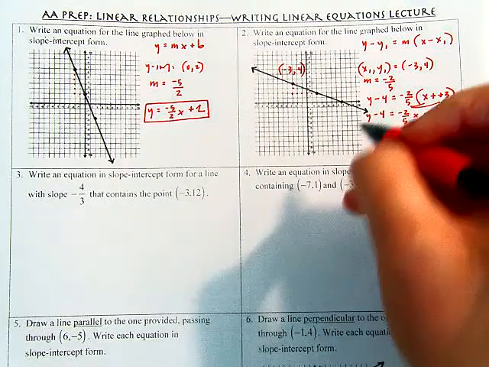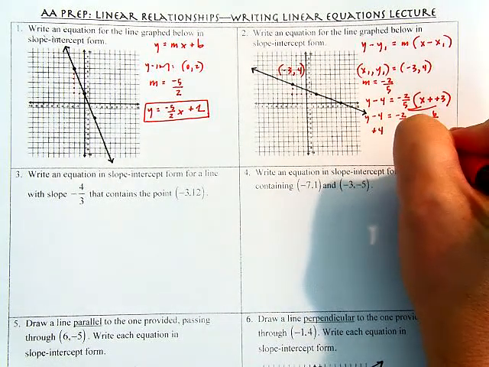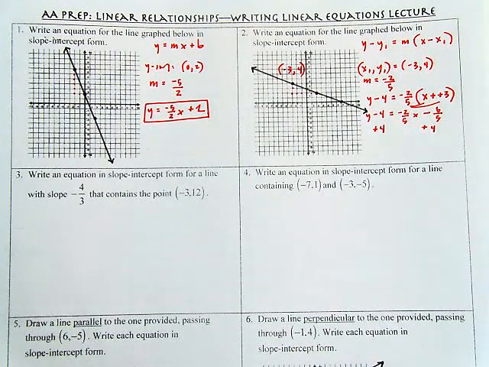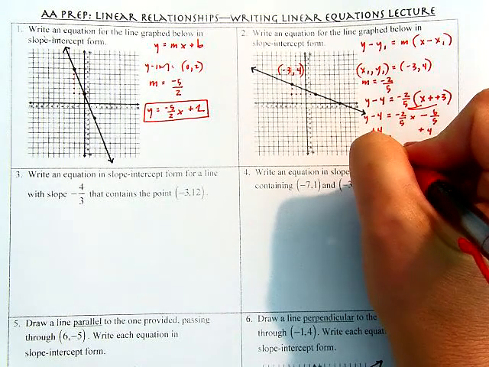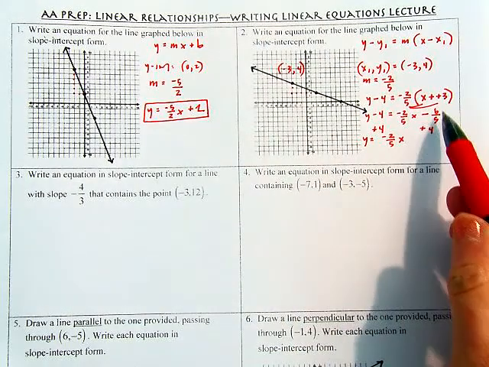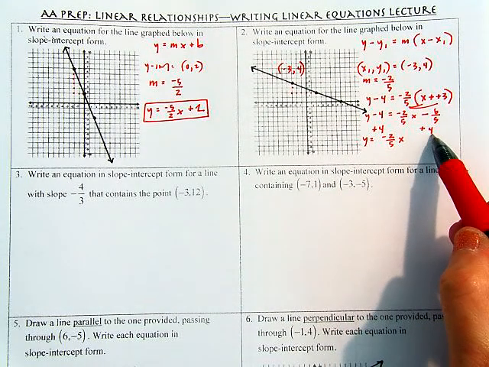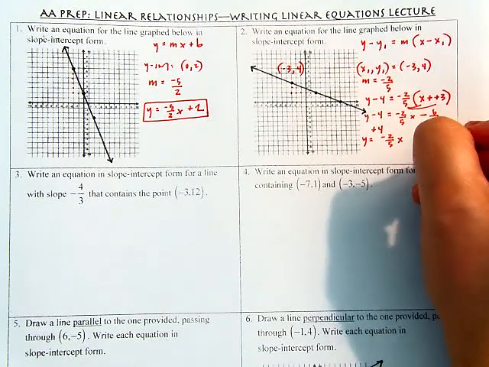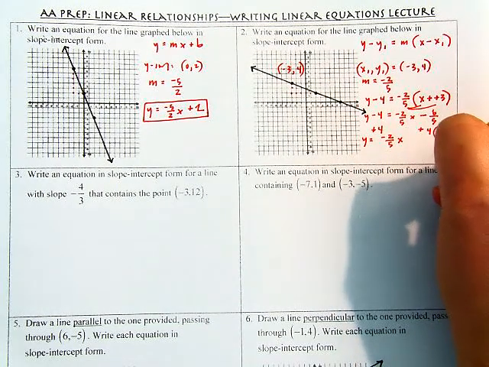Now I need to add the 4 over, and I'm so close to being in slope-intercept form. Right now I have y equals negative 2/5 x, but I'm kind of stuck here because I have 6/5 plus 4. If I make 4 in terms of fifths, I can multiply it by 5/5 and rewrite that as 20/5.